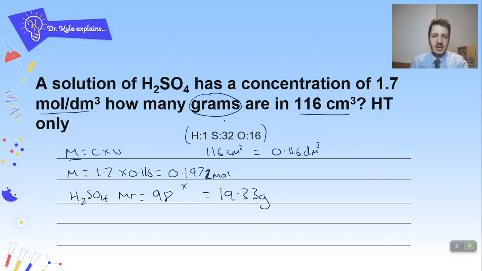Here you need to be very, very careful. The question is asking for grams, but the units are moles, and so you need to use two equations here, because remember, moles times MR equals your mass. So there are two equations that you need to be using in this question in order to work this out correctly. Really well done if you got that right.